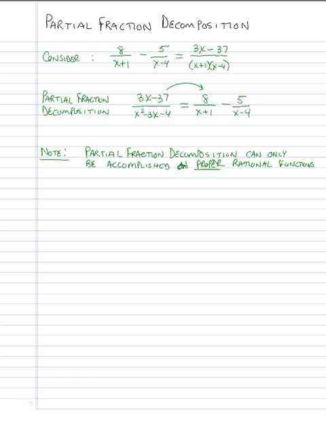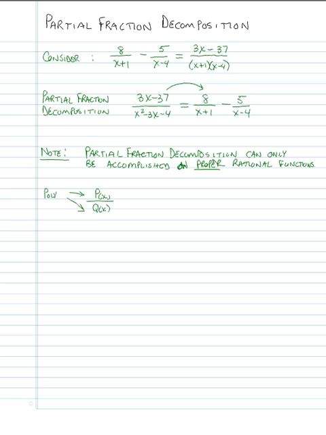Well, first, what is a rational function? A rational function is a function defined as a polynomial divided by a polynomial. So to have a rational function, both of these expressions in the numerator and denominator are polynomials.